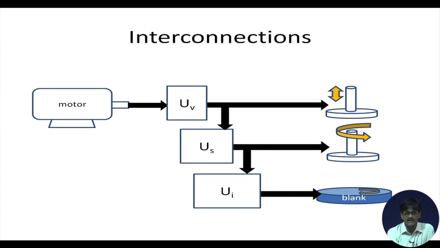This is what we understand. Therefore, this configuration is foolproof. UV affects only cutting speed, US affects only the feed of the cutter, and UI affects only the number of teeth being cut on the blank.